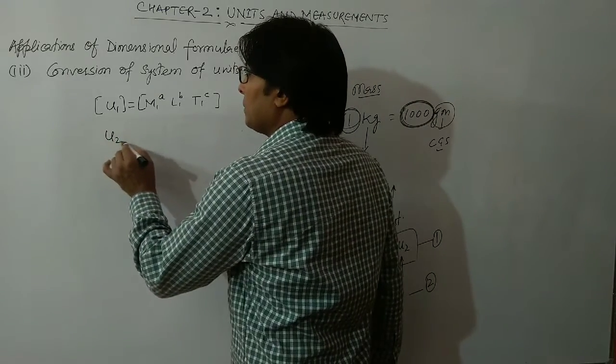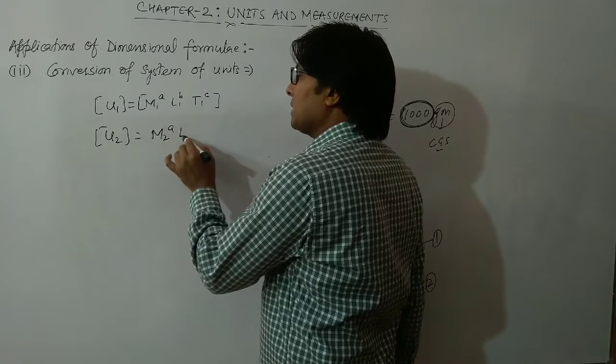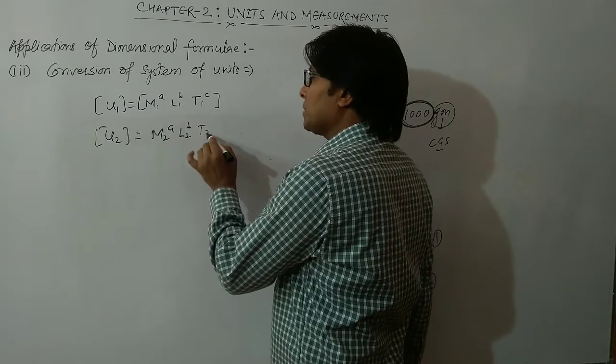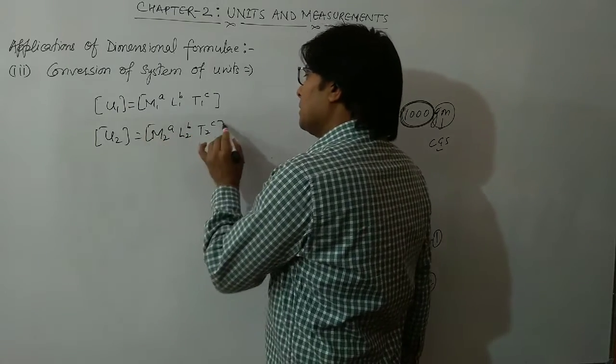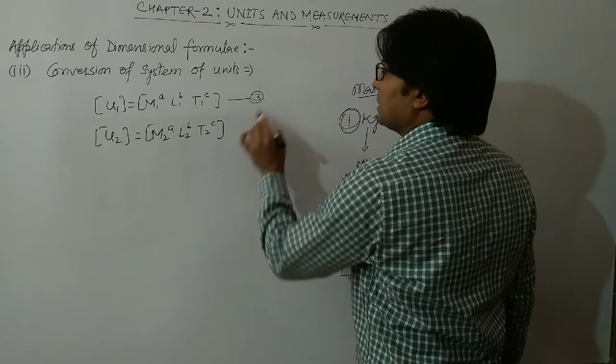Similarly, U2 can be written as M2 raised to the power A, L2 raised to the power B, T2 raised to the power C. Suppose this was equation second, and these are equation third and equation fourth.